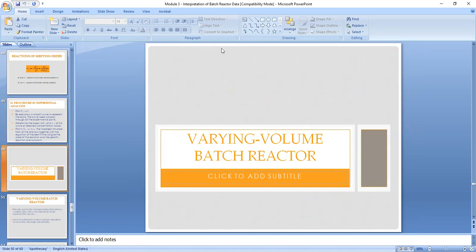Remember that generally when you write your rate law, if you do not know the order and the rate constant, you write it like this. This is the rate. This is also the negative DCA dt, which is the slope of our line.